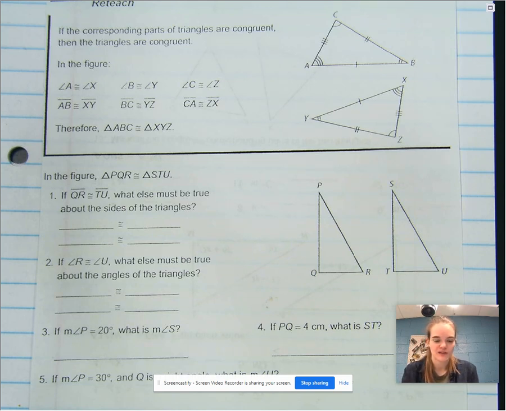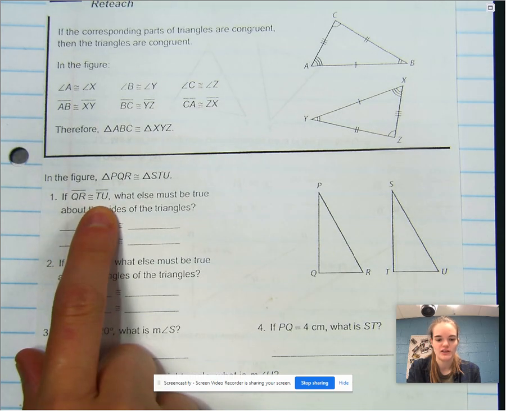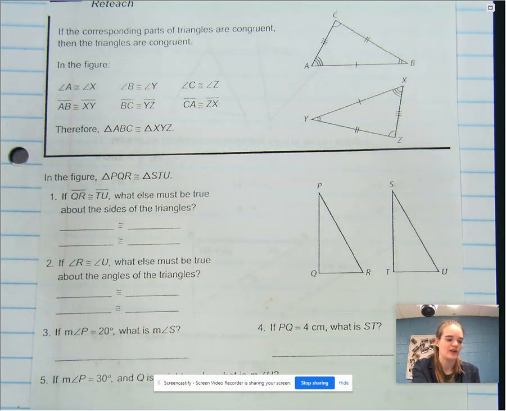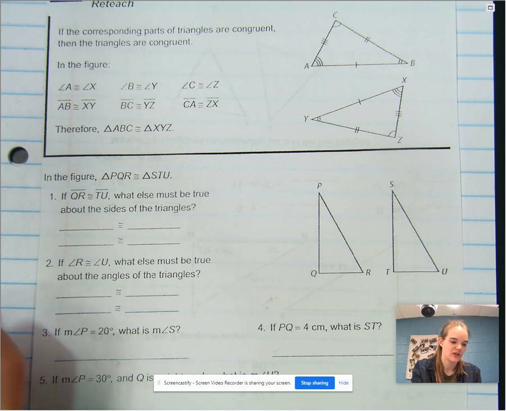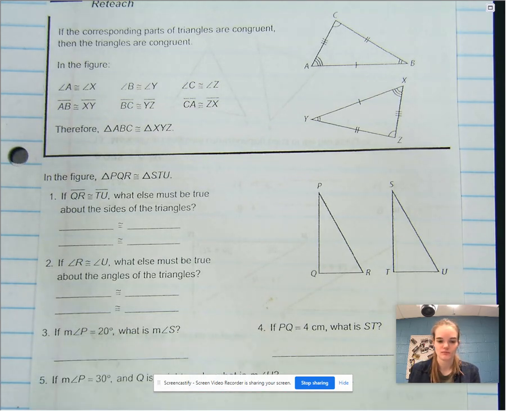So number one, in the figure, triangle PQR is congruent to triangle STU. If QR is congruent to TU, what else must be true about the sides? We kind of did this in the lesson about corresponding parts. So QR is congruent to TU.